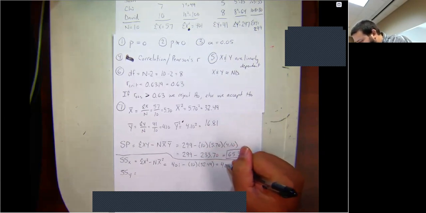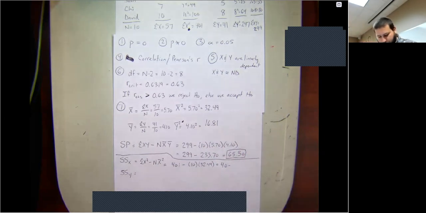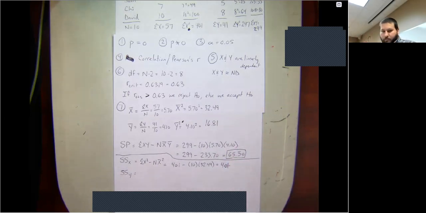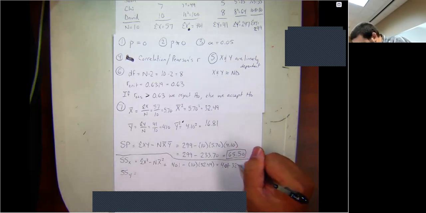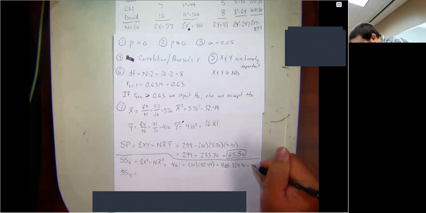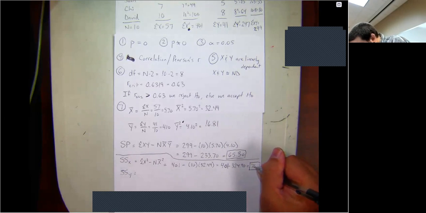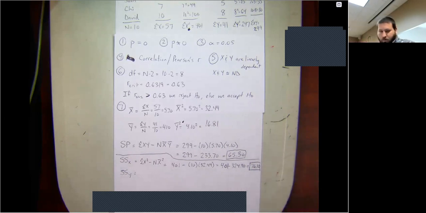So this is 401 minus 324.9. And so our SSX is 76.1. So remember, 76.1, not negative, right? We got a positive value there, so we're good.